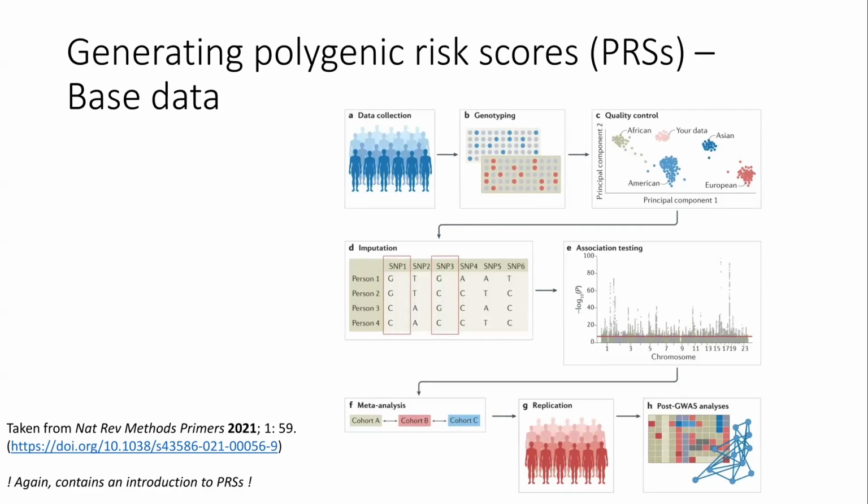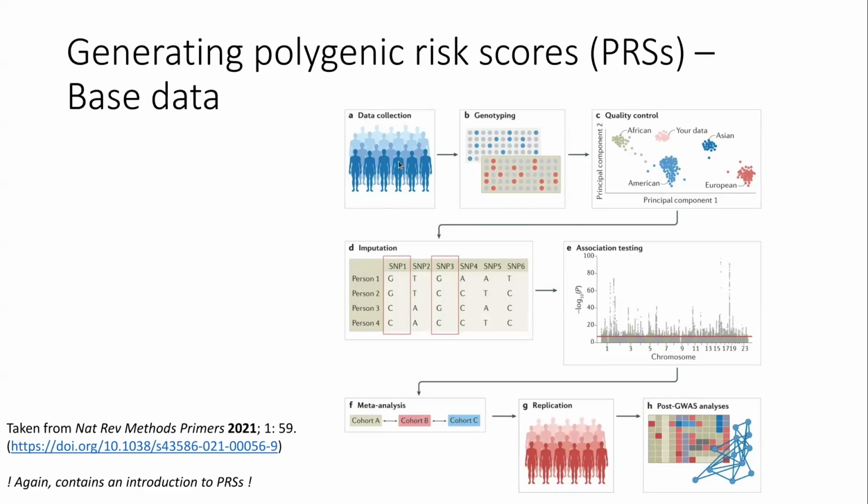The base data, so this is actually the GWAS, or genome-wide association study part, and this also touches upon what we discussed during our course, so some molecular genetic techniques. So you start out with data collections, sampling people.